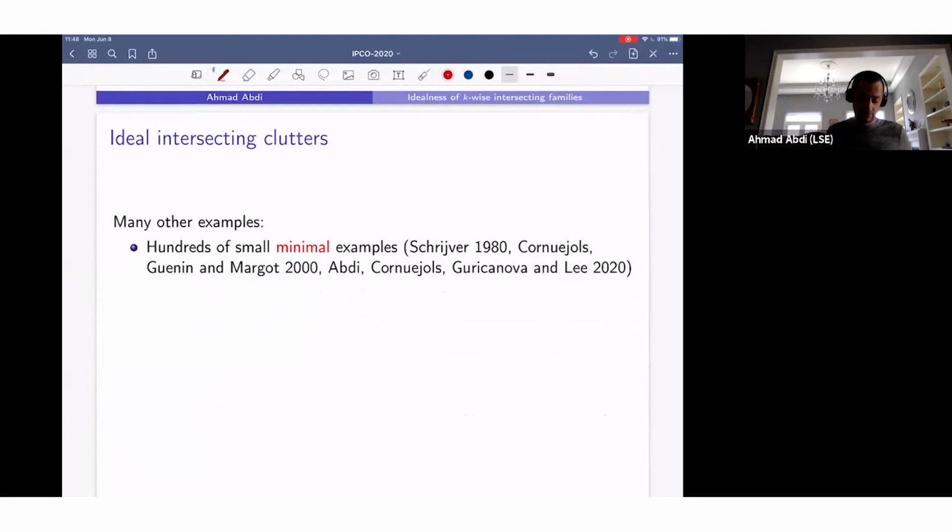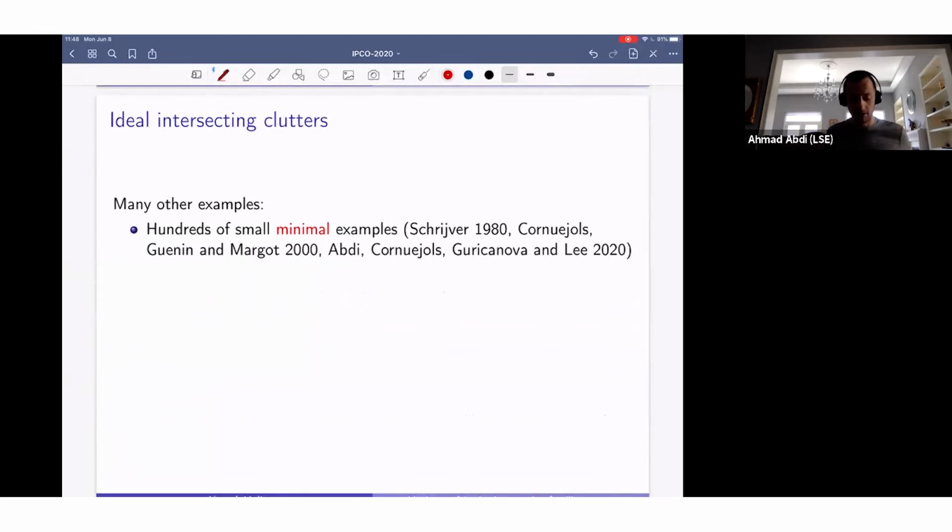Okay, so that's one example of an ideal intersecting clutter. There are many other examples. In fact, there are hundreds of small minimal examples. By minimal, I mean with respect to a minor operation. And these small examples date back to Schrijver, Cornuéjols, and Margot. I think together they came up with about 15 small examples, and recently together with Gérard, Natalie, and Devine, we came up with about 700 more small examples.